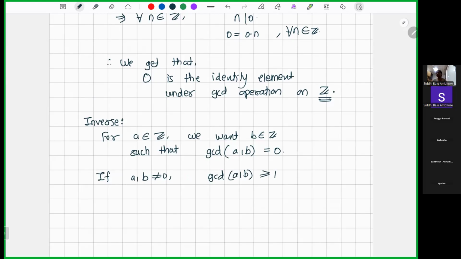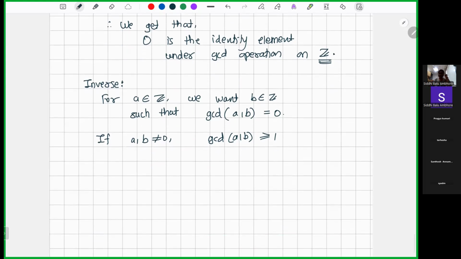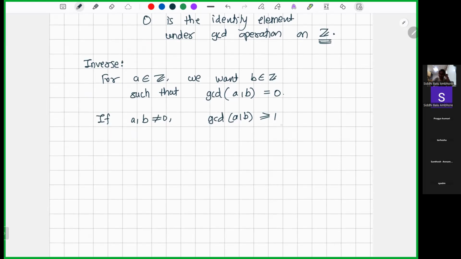The moment both of them are non-zero, GCD will be at least 1, because 1 would divide A and 1 would also divide B. So if I want the inverse of some element such that GCD of A and B gives me 0, then that will not be equal to 0.